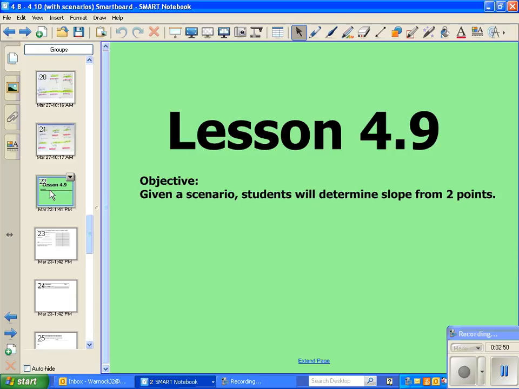Okay, slope. What do you know about slope? Okay, it's the m. What else do you know about slope?